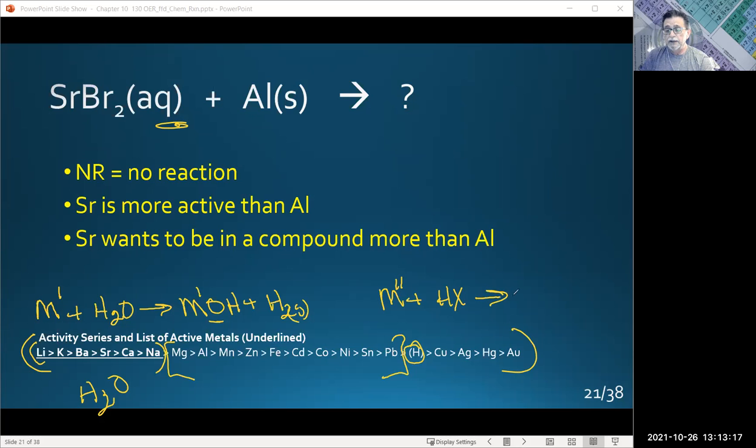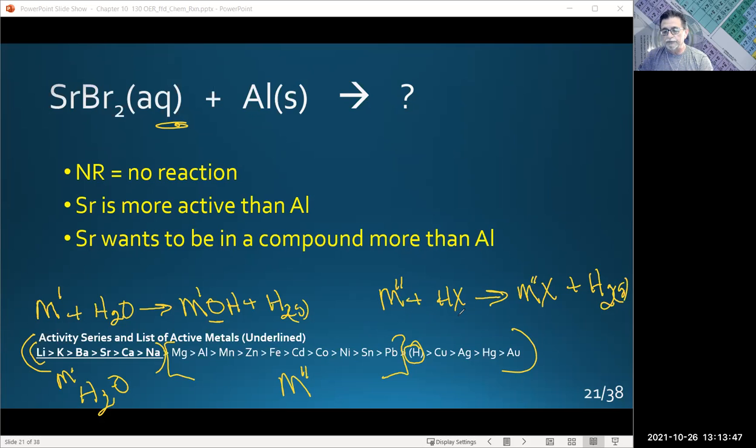What it does, it will then create the metal double prime X, the salt, plus hydrogen gas again, okay? And those are for the metals that I've designated as M double prime. These down here are designated as M single prime, okay?